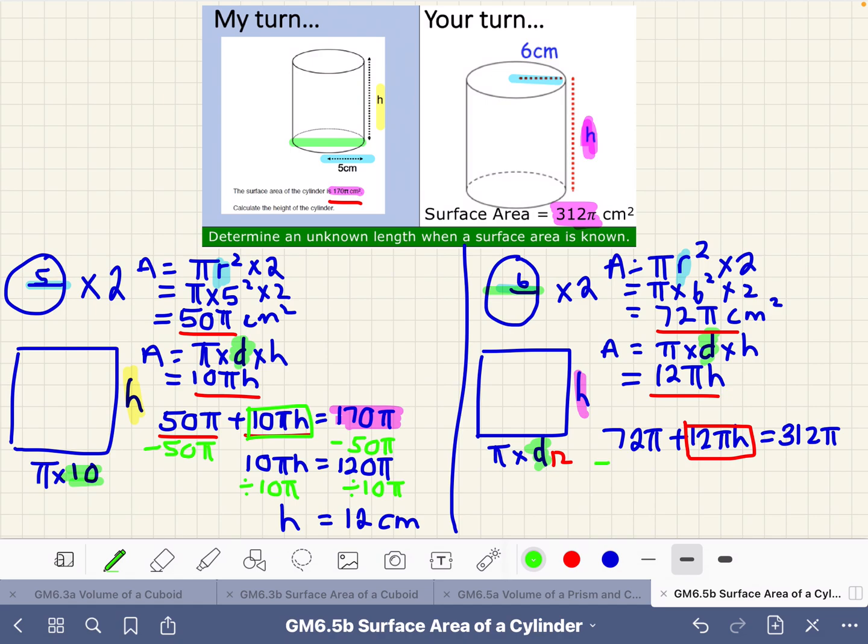That means we need to take away 72 pi from both sides to leave us with 12 pi h is equal to 240 pi. We can look to get the height on its own now by dividing by 12 pi on both sides to give us a height of 20 centimetres.